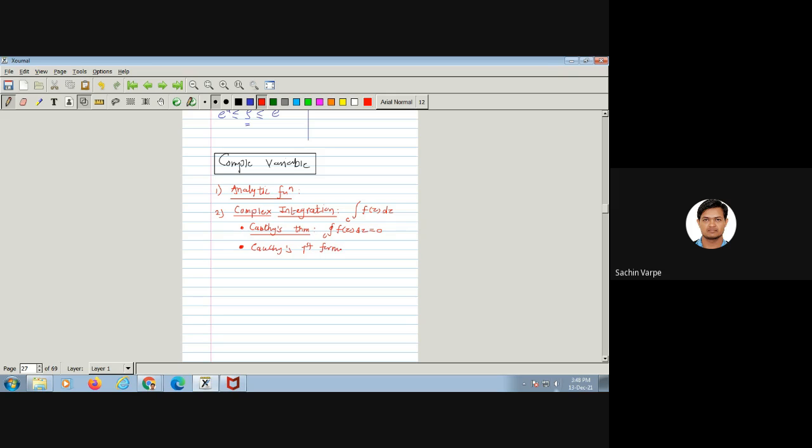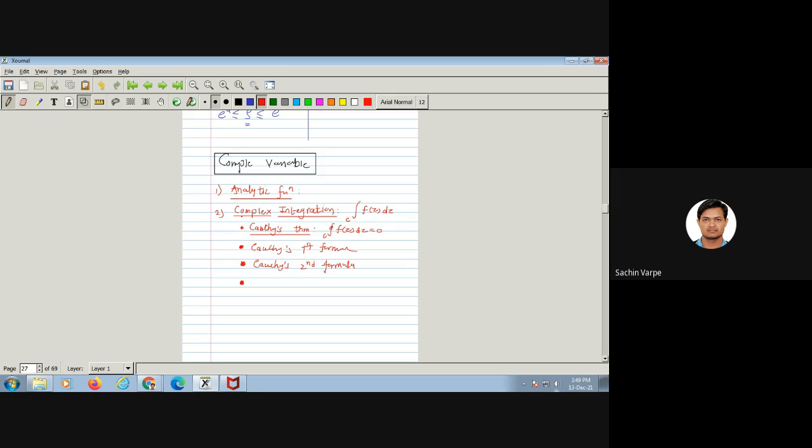And if that singularity is a multiple singularity, then to find the integration we have Cauchy's second integral formula.